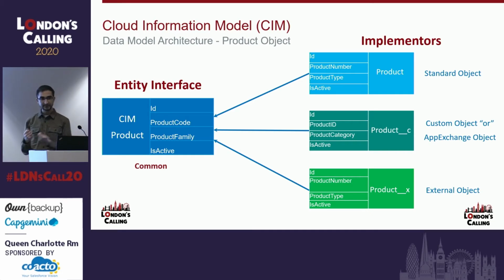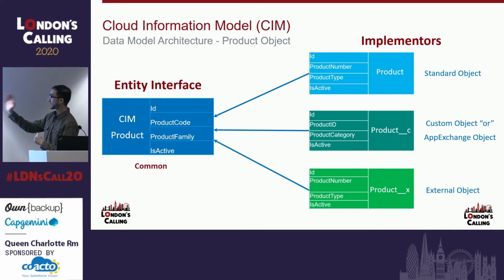They faced the same problems, and then they came up with this idea of entity interfaces. Salesforce is already using it, and is going to expose this feature to us. So the Cloud Information Model is bringing that idea together, and then the entity interface.